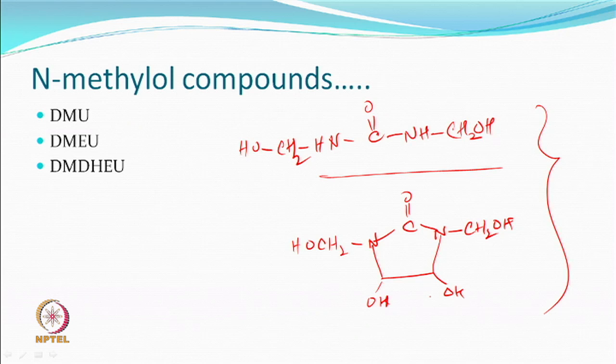The reactions are going to be taking place with these N-methylol groups because nitrogen has a lot of lone pair, and therefore it is easy for reactions to take place with the hydroxyl groups of cellulose. Similarly, people went on to say instead of ethylene you have a propylene urea, a propylene hydroxide urea.